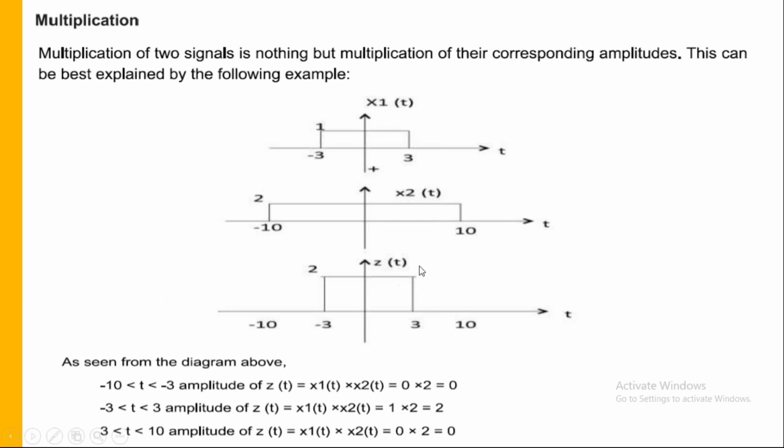When you do all this, what is the thing that is varying? When you do addition or subtraction or multiplication, in all these cases, your amplitude is the only parameter that is changing. So that's why all this comes under amplitude scaling.